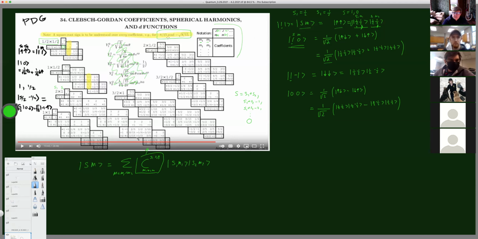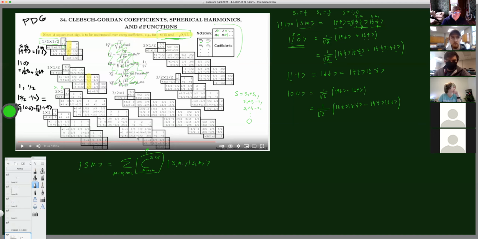The coefficient is 1/2, which remember means 1 over the square root of 2. All the square roots are left off. And then the other one is -1, so down, up, with another coefficient of 1 over the square root of 2.